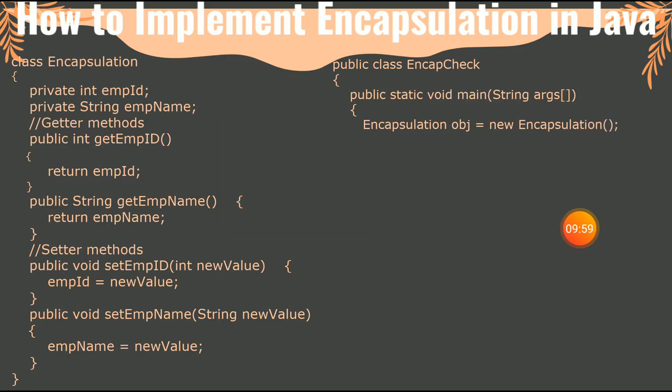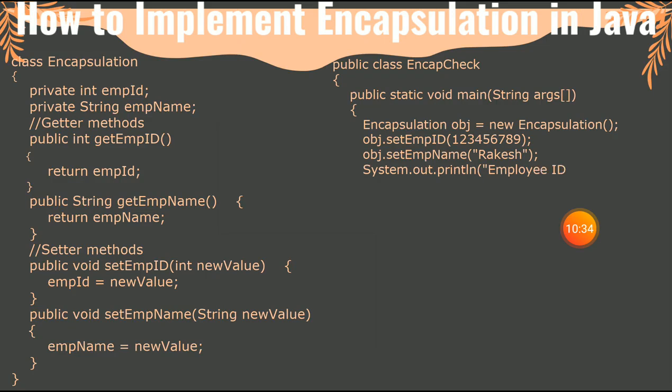Here we create an object of the class Encapsulation, obj, and new is the keyword to create the object. Through the object we set the employee ID: obj.setEmployeeID, the method created in the Encapsulation class, and the value is passed. The name is also passed through obj.setEmployeeName.